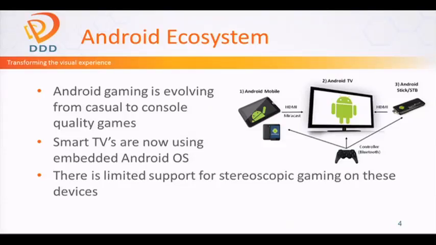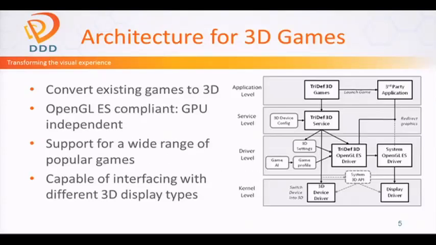At the moment, there is limited support for stereoscopic 3D within Android. Obviously, NVIDIA and Tegra have one solution, but that's proprietary to their chipset, and there's a need to bring this to other processors and chipsets. So for us, what we were trying to achieve with the architecture was to convert existing games into 3D.